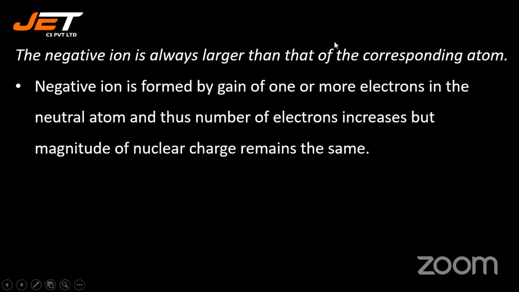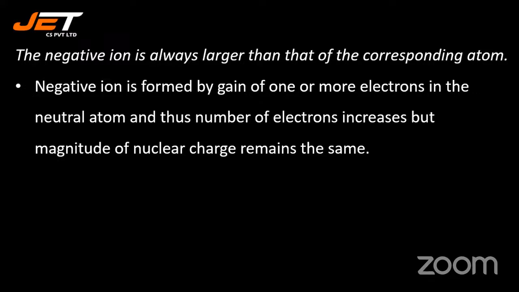Now an external electron has come and been added to the valence shell. So the number of electrons has now exceeded the number of protons, and the negative charge increases. The positive charge cannot attract the extra negative charge, because the charges are no longer equal; rather, the negative charge has exceeded.